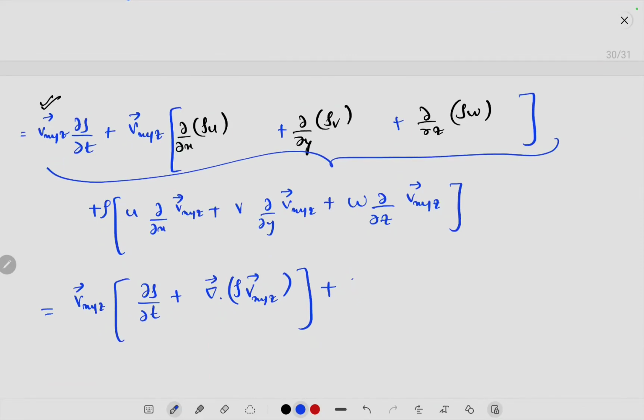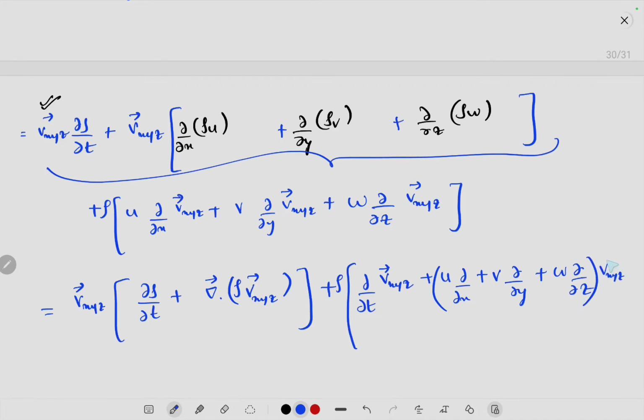So this will become rho del by del t of vxyz plus u del by del x plus v del by del y plus w del by del z on the xyz vector.